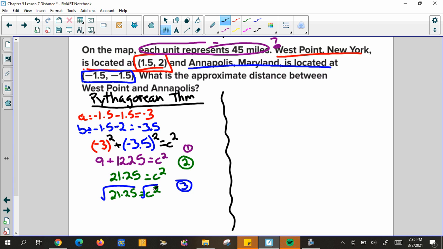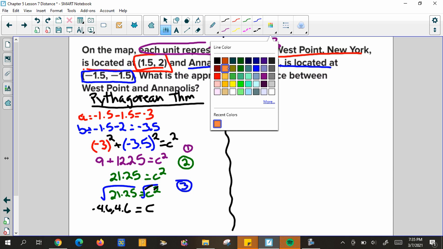Then take the square root. And again, I only need the positive.